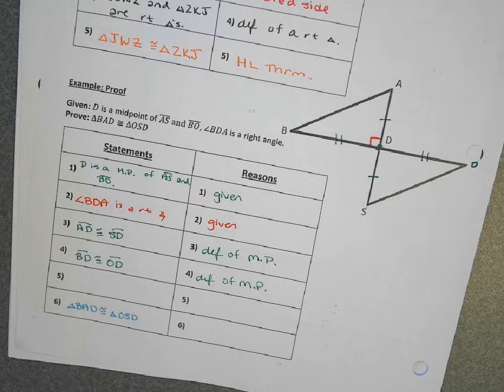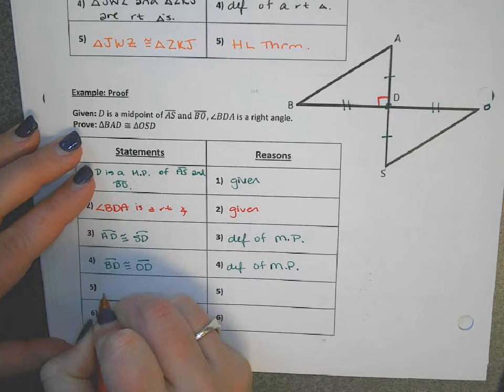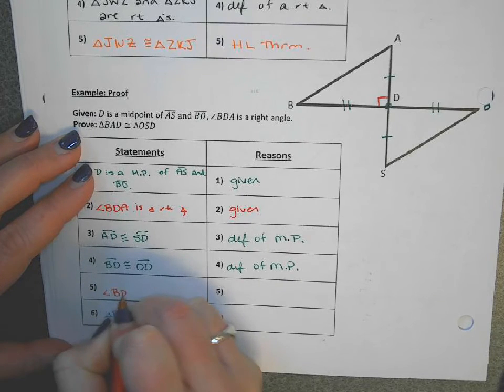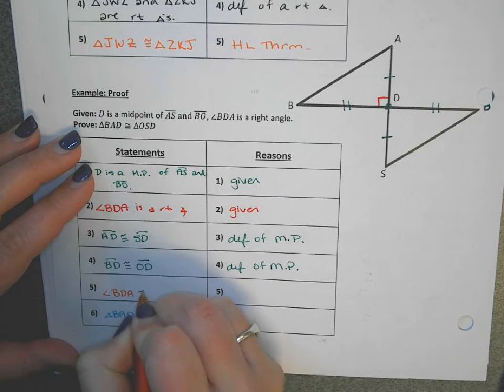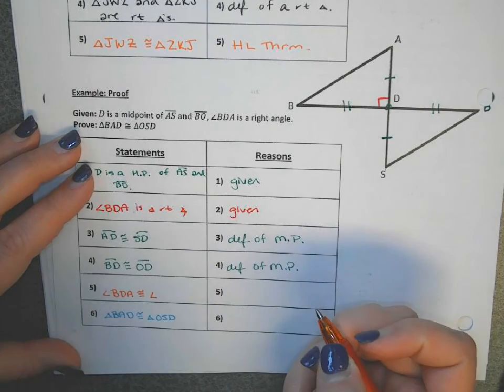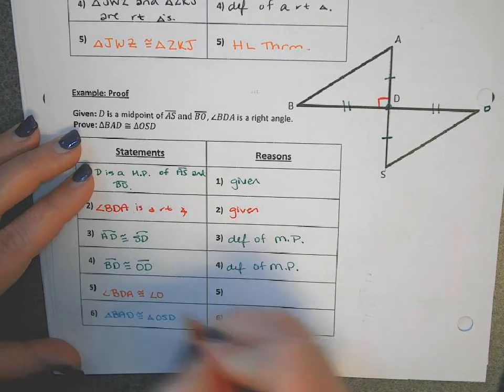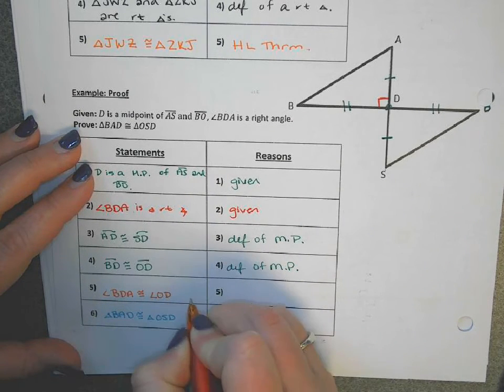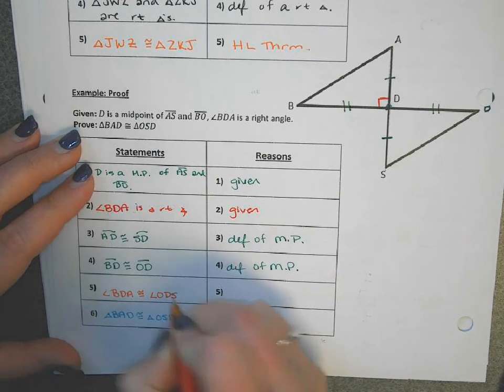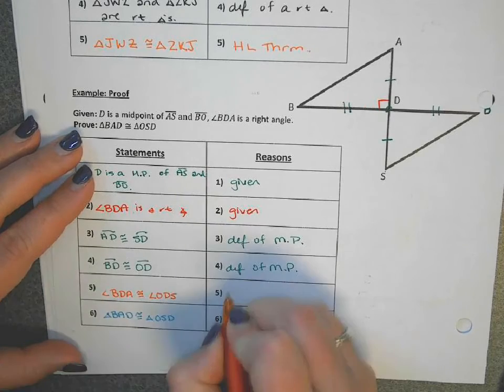So I have to instead say that, let me change my color here. Orange. I can say that angle BDA is congruent to angle ODS because of the vertical angle theorem.